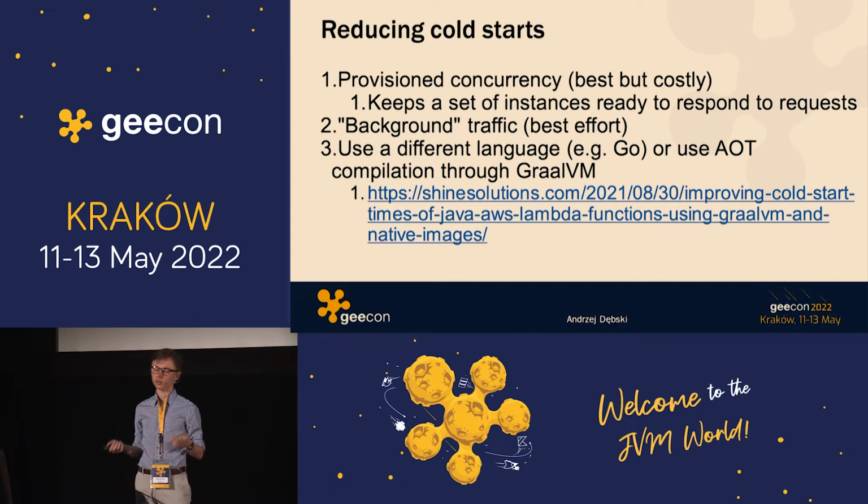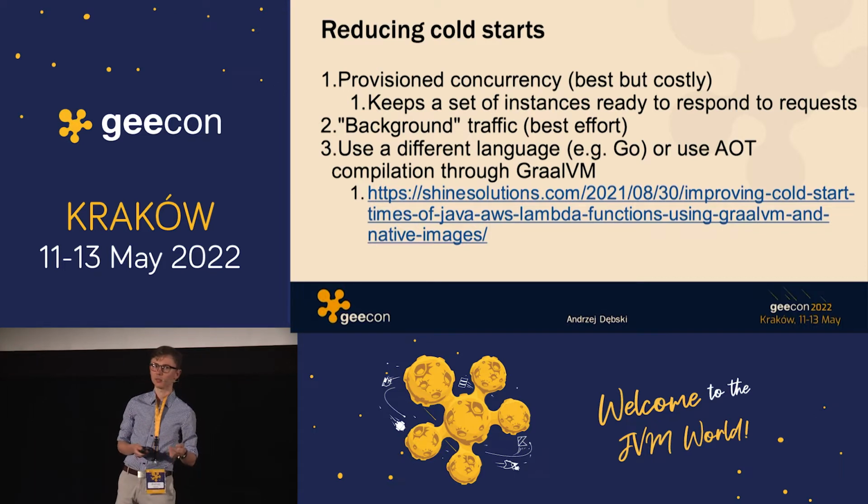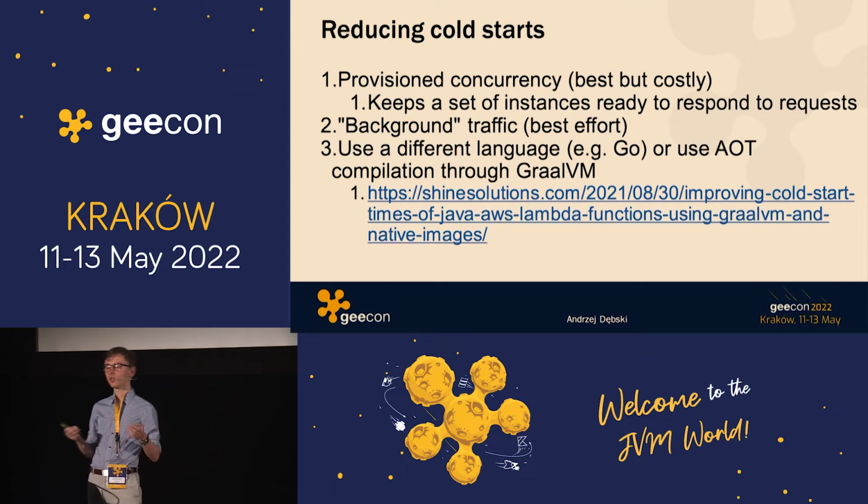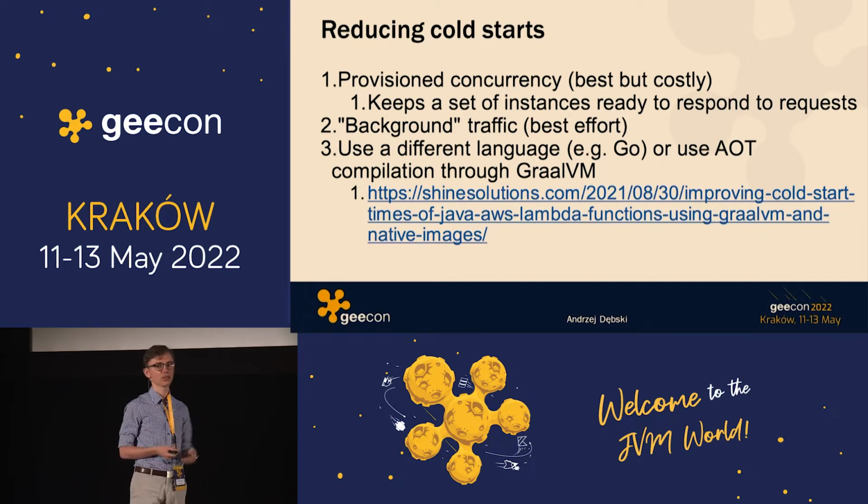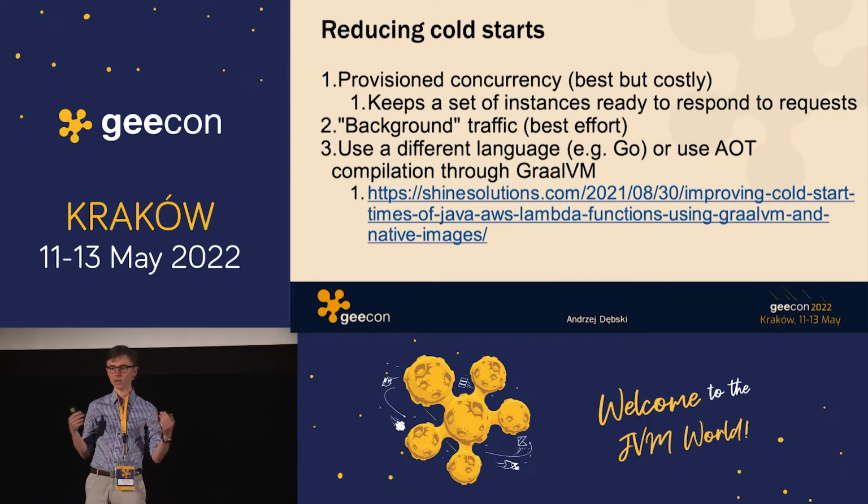Again, the other thing you can do is have background traffic. This is something people did before provisioned concurrency was present. The idea is you create a stream of artificial traffic that hits your function, and that artificial traffic will keep enough instances up and running and ready to handle the requests.